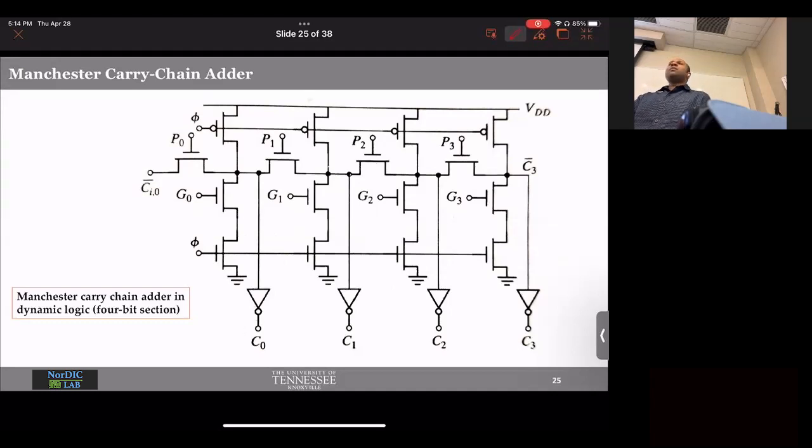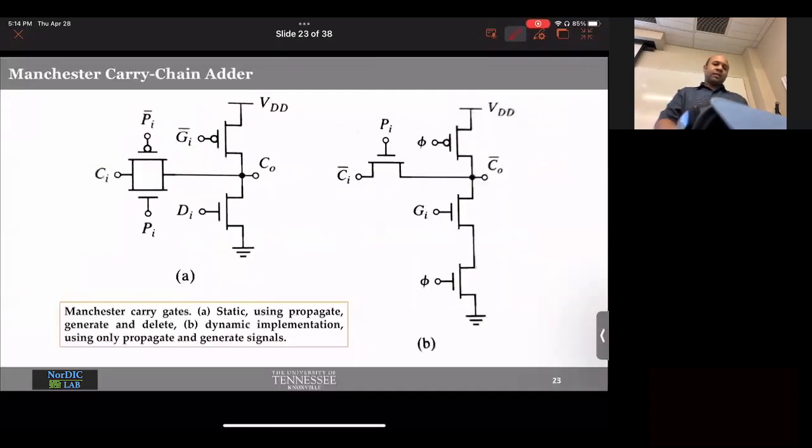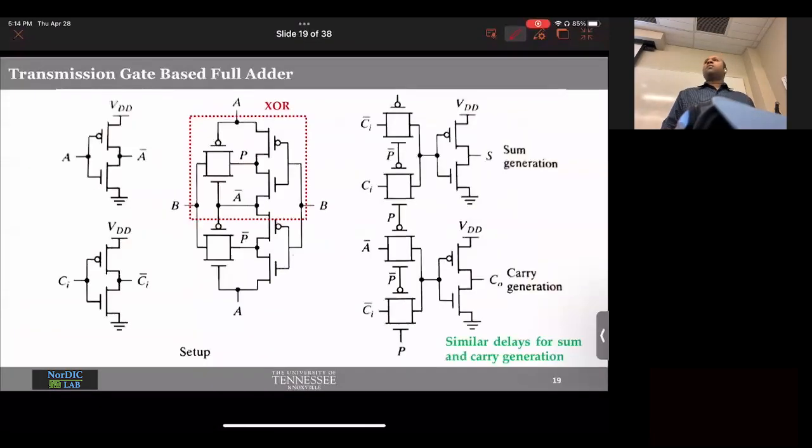I don't want to make your life difficult, especially because it's not really cutting edge, like this one, for example. I just told you there will not be anything related to this particular transmission gate-based error in your exam. So if you don't care, don't bother. But if you do care, if you want to learn more, I'll be more than happy to sit with you and go through step-by-step detail as to how this circuit works. That's what I'm offering you.